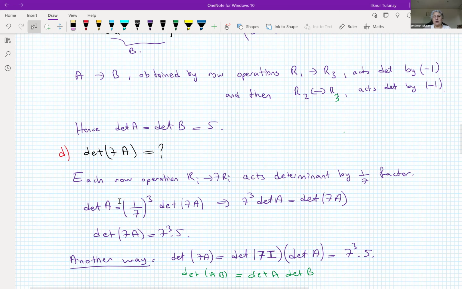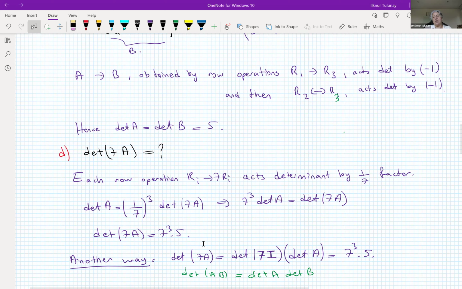Then the determinant of A is equal to 1 over 7 cubed times the determinant of 7A. So the determinant of 7A is 7 cubed times 5.